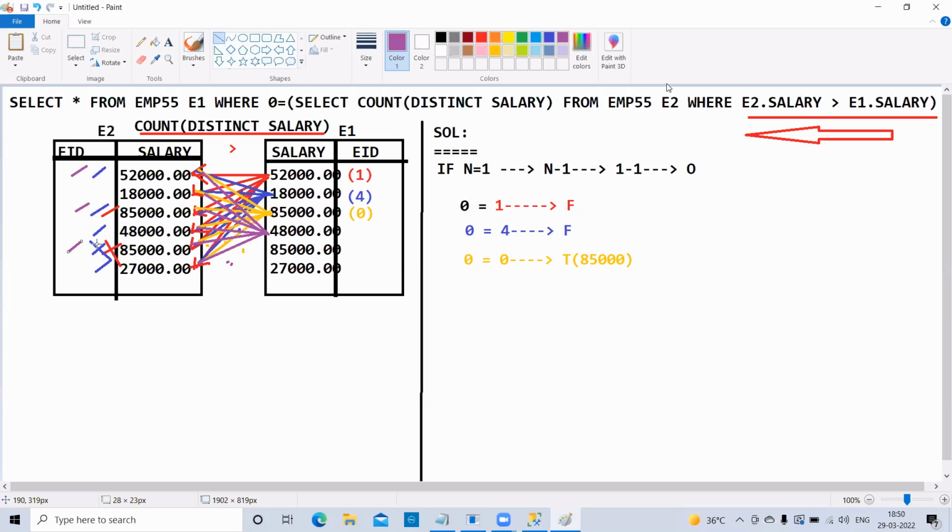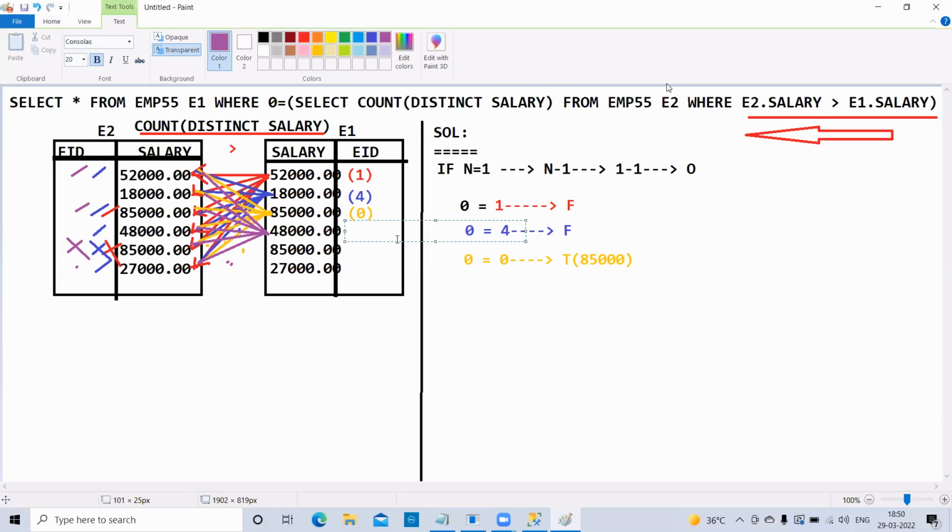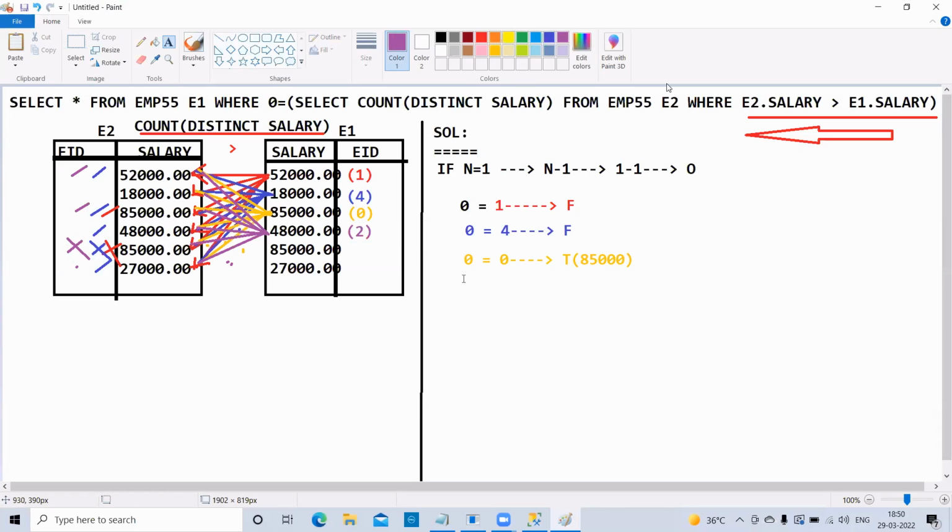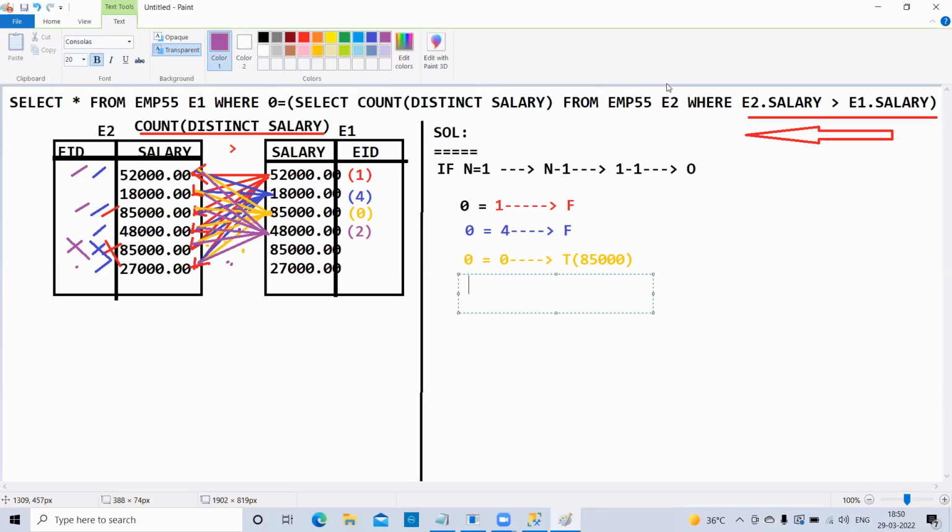But in this one is a duplicate. Duplicates don't count. So remove this. Then remaining how many values are more than 48? Okay, 2 values are there. Now you can compare. 0 is equals to 2. Condition true or false? Condition is false.